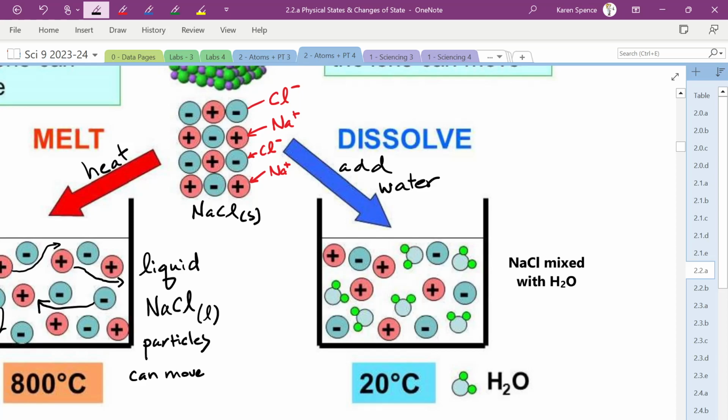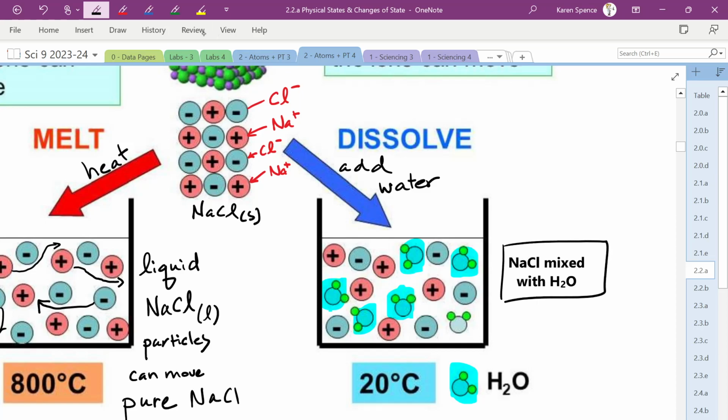So now instead of just having sodium and chloride, we also have, look at this, little water molecules everywhere. Yeah? So over here, we have pure NaCl. On this side, we have NaCl mixed with water.